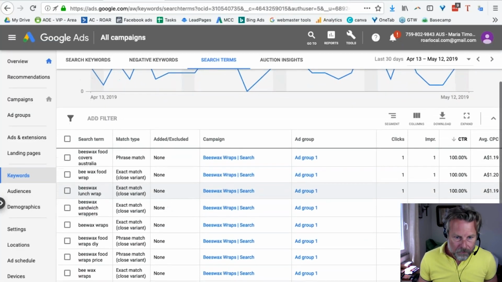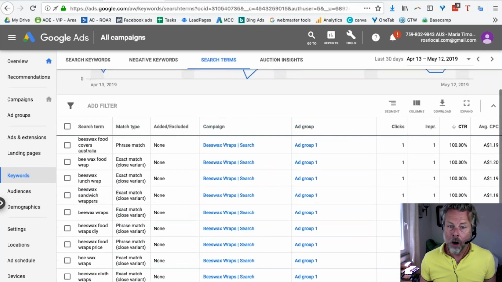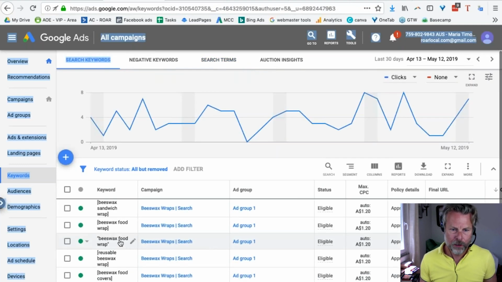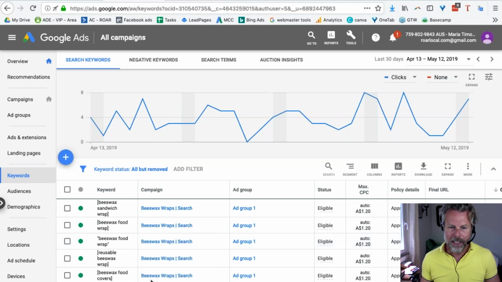Now, nobody has searched for that on their product at first blush. But let's just check if somebody can actually, oh, well, they could actually do that. So that's kind of cool. That search term there, beeswax food wrap, would also show for that search term too. So that's covered in that.